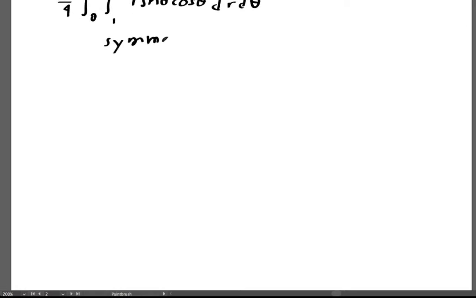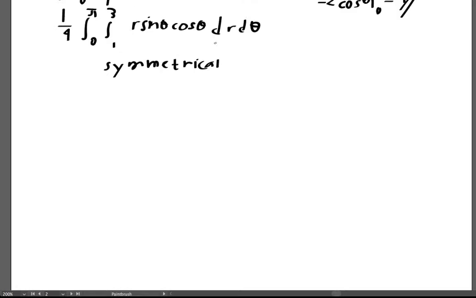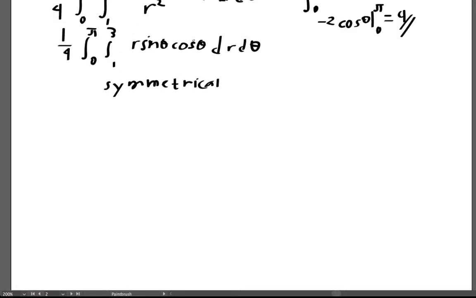But another way you could look at this, just like I said, is that sine theta cosine theta could be converted to sine 2 theta over 2. When you do the integral, sine 2 theta integrates to cosine 2 theta over 4, and we only care about the cosine 2 theta.